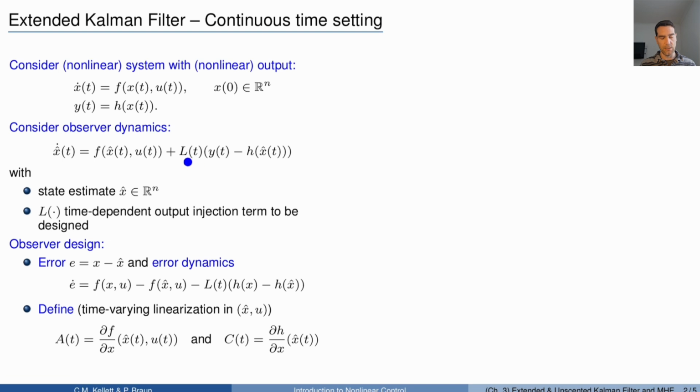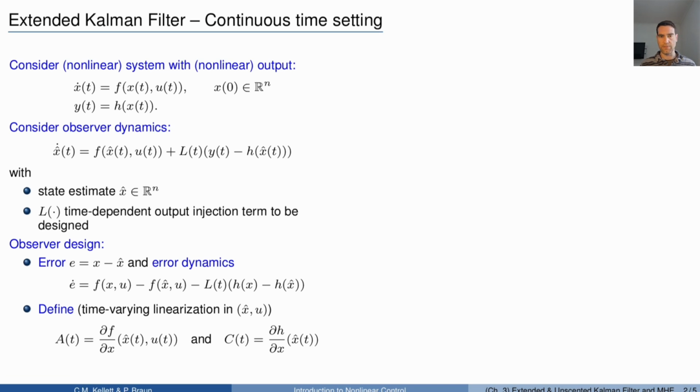We are going to design this L of t taking the mismatch between the actual output of the system and the estimated output into account. So important to remember, x hat denotes the estimate of the state and L of t is a time-dependent output injection term which we want to design on the following slides such that x hat converges to x.